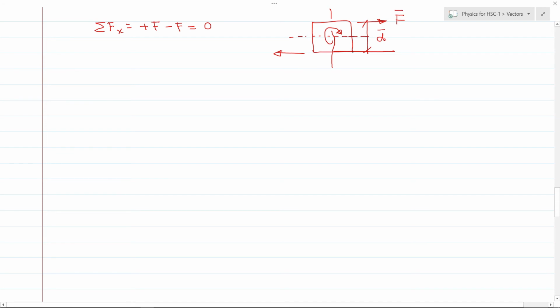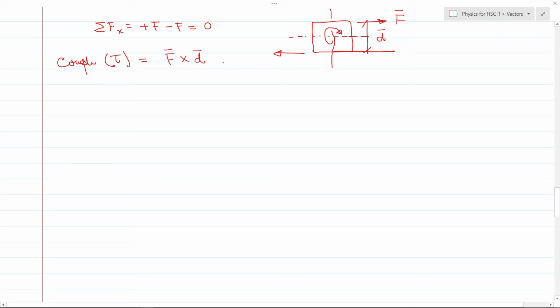So they will produce a torque or couple. This will be equal to the force multiplied by the displacement or the lever arm. So it will be force multiplied by the lever arm.